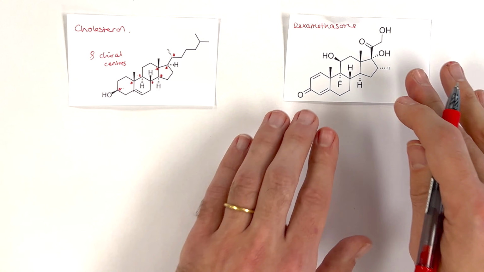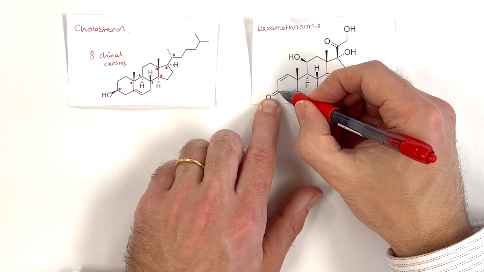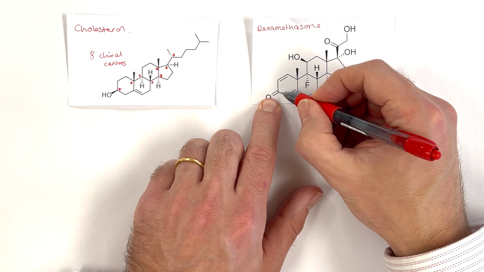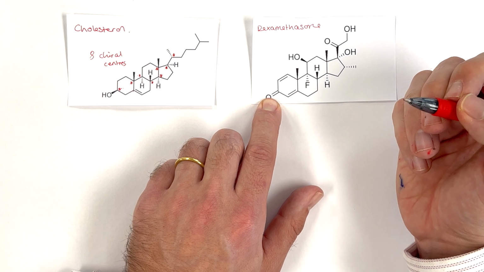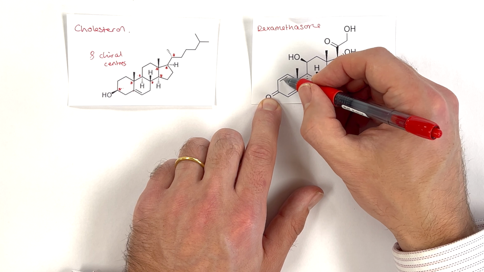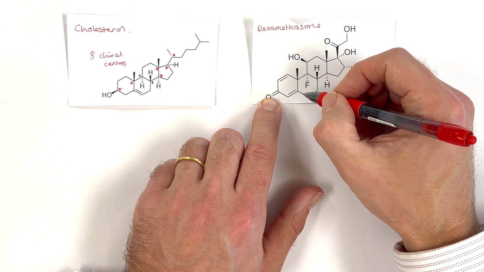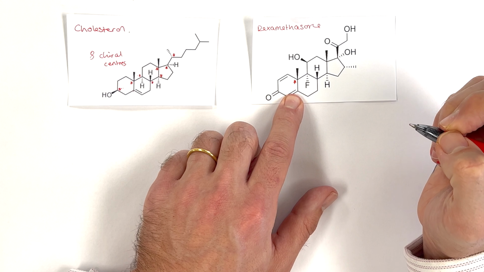Now, if we look at dexamethasone, we can do the same thing again. Now on this carbon, we've only got 3 groups, 1, 2, 3, because there's no hydrogen attached. Where you've got a double bond, again, you're not going to have a chiral center, because you're not going to have more than 3 groups attached to this particular carbon atom. So the first chiral center here, that's the first time we've got 4 different groups attached.